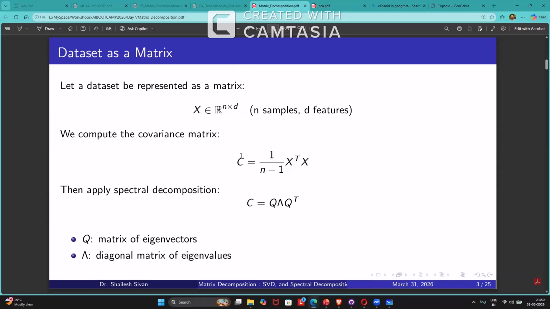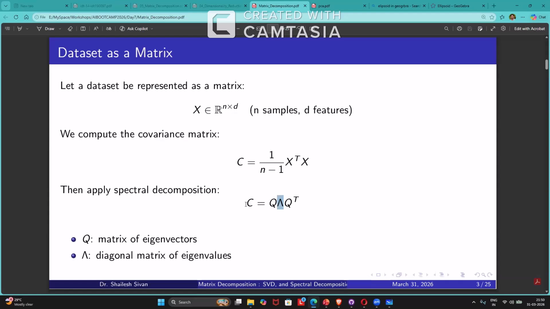And to get the direction of maximum spread, the eigenvalues will help us. That is what we are calling as this gamma, that is the eigenvalues, and Q is the eigenvectors.